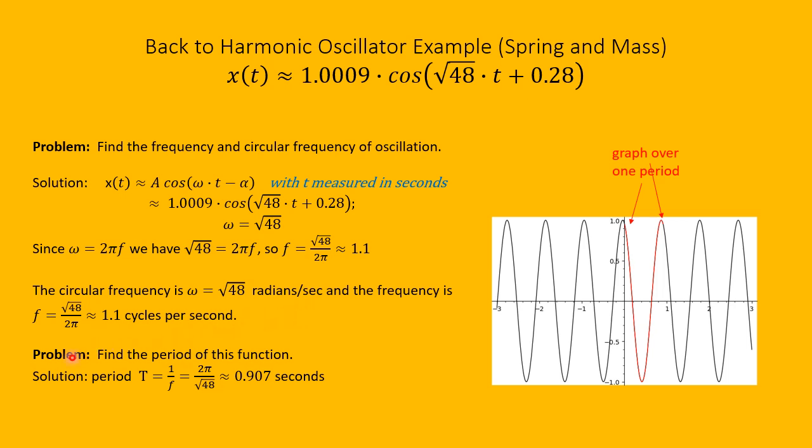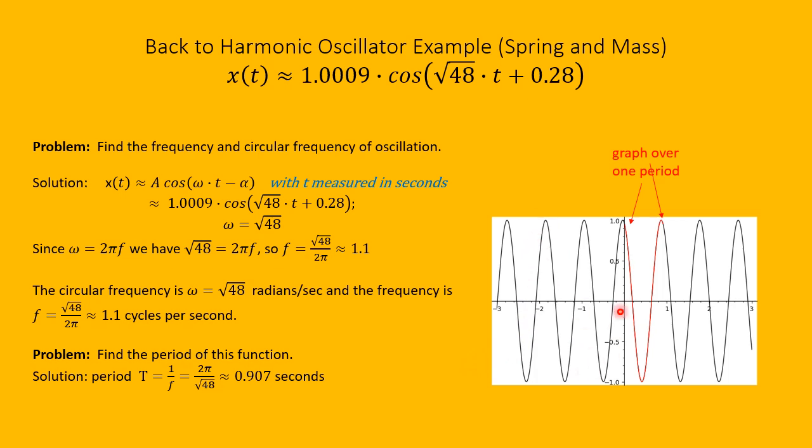Okay, next problem. Let's find the period of this function. This function involving the cosine is a periodic function, so what is the period? Well, the period, remember, is 1 over the frequency, so it's just the reciprocal of the frequency. We found that the frequency was the square root of 48 over 2 pi, so 1 over f is going to be 2 pi divided by the square root of 48, and that turns out to be approximately 0.907 seconds.